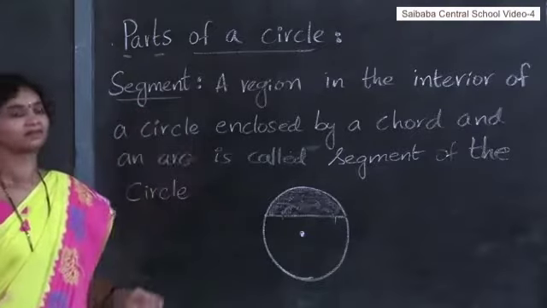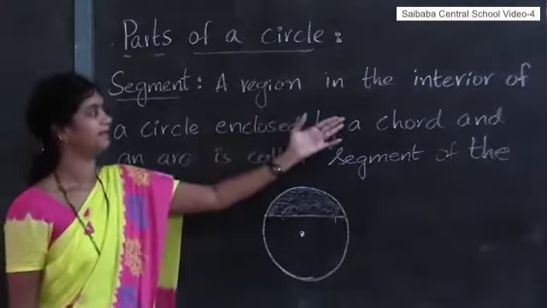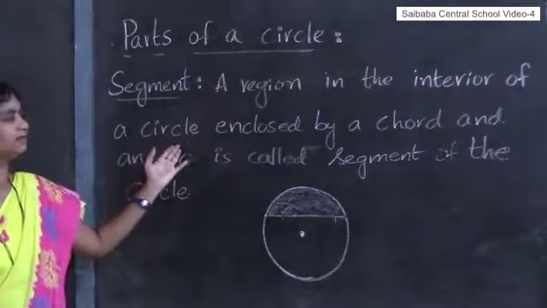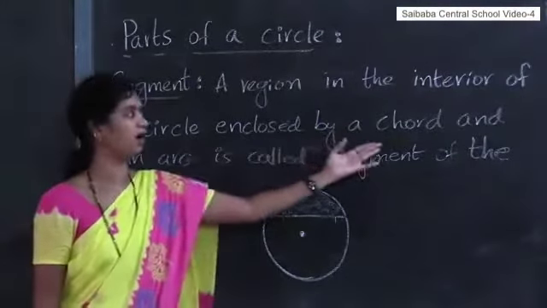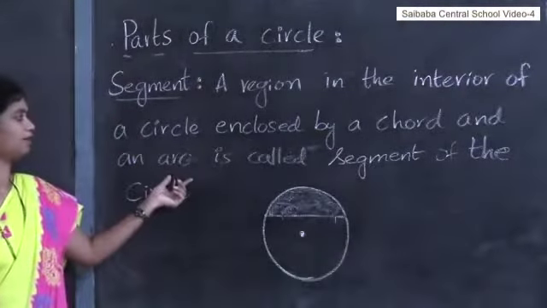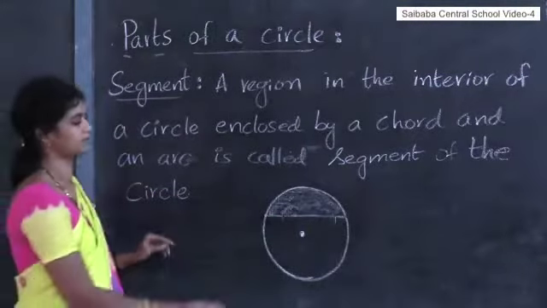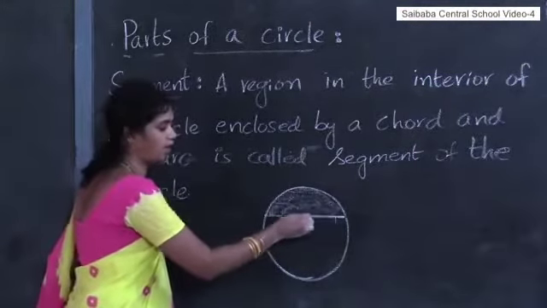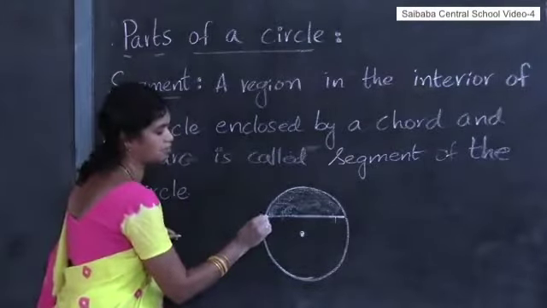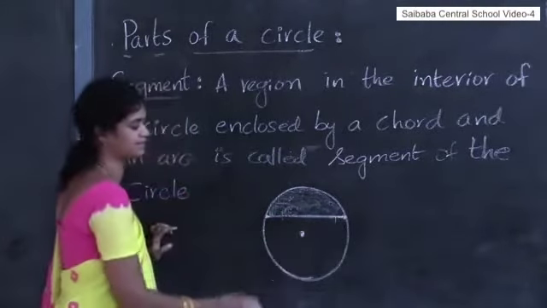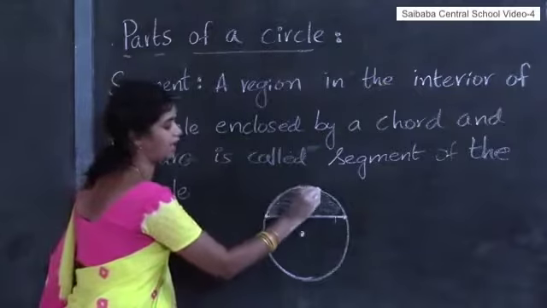Segment. A region in the interior of a circle enclosed by a chord and an arc is called a segment of the circle. So this is the chord, the line joining 2 points on the circle, and this is the arc.